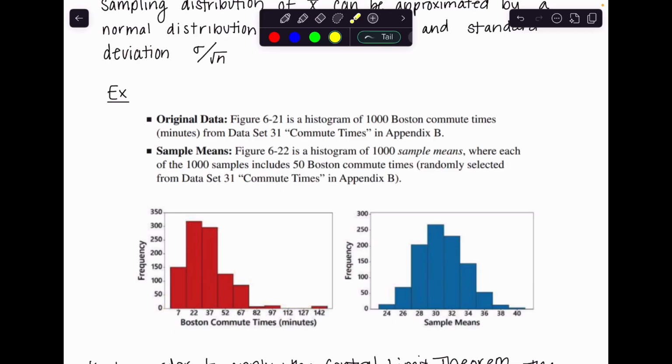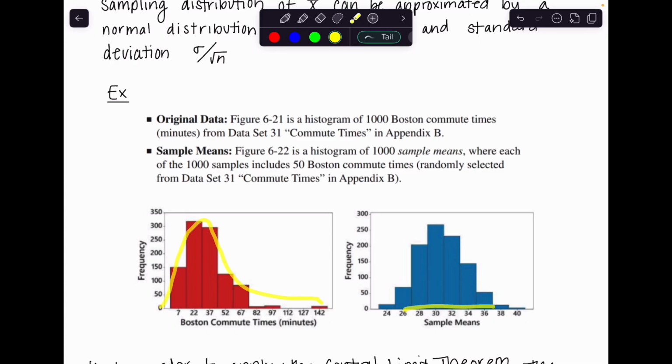Instead, we can create a histogram of 1,000 sample means, where each sample included 50 different commute times. So from the original 1,000, they'd pick 50 at random, find that sample mean, and then plot it.